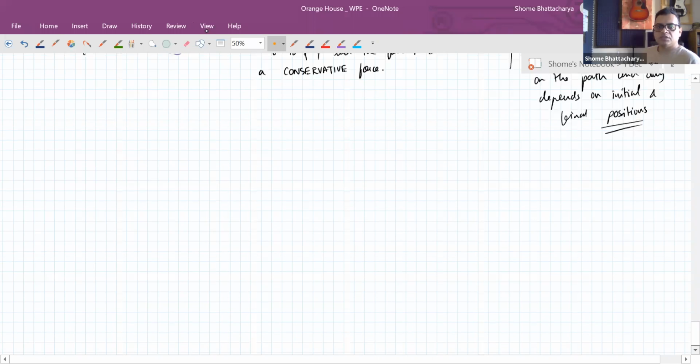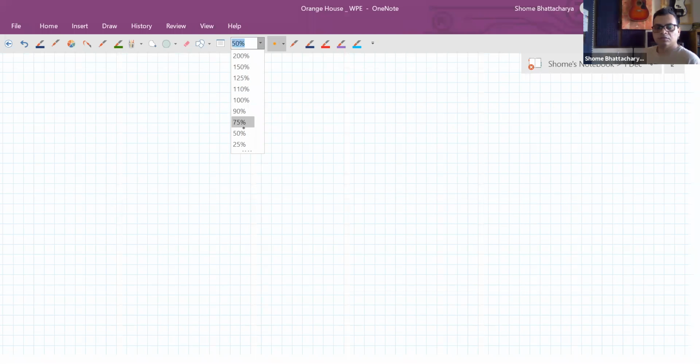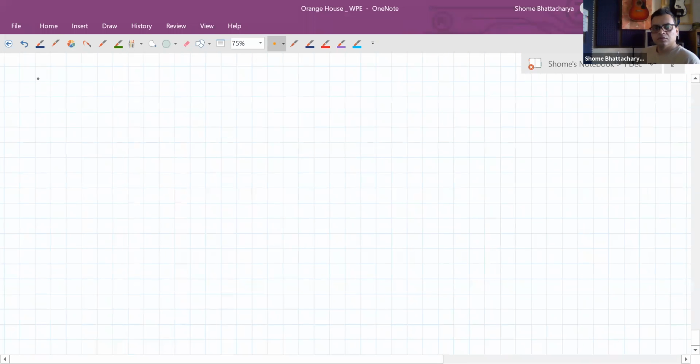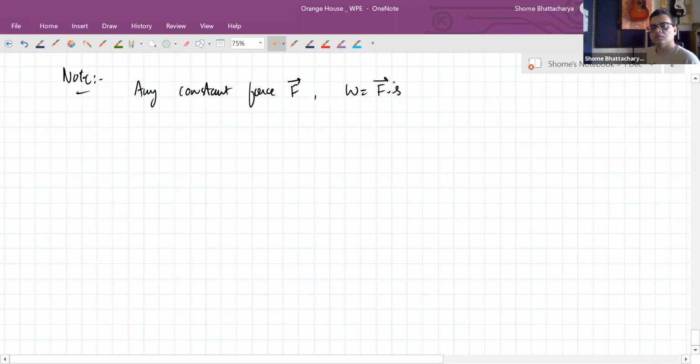Okay, so let us understand this with some examples. Any constant force, okay, work done F dot S is path independent for it because it only depends on displacement.